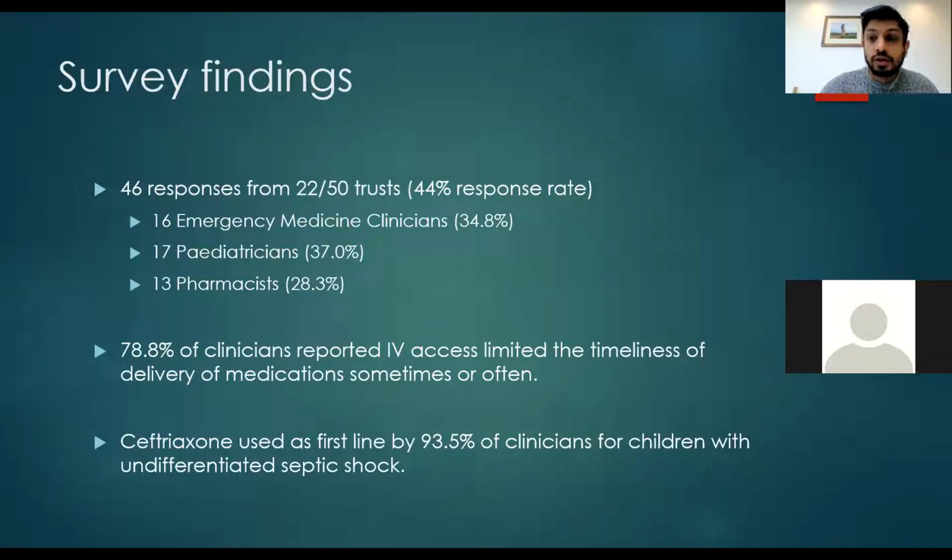So the majority of clinicians reported that IV access limited the timeliness of delivery of medications in these kinds of resus scenarios, sometimes or often. And as we expected, 93.5%, the vast majority of clinicians, reported ceftriaxone as their first-line antibiotic that they used.